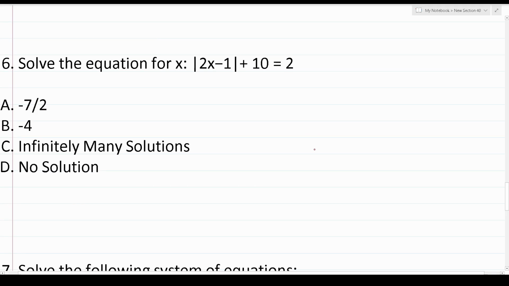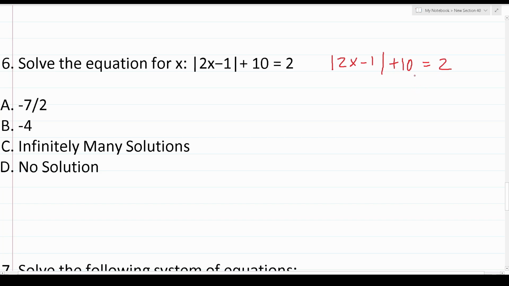All right, number 6 says solve the equation for x. We have the absolute value of 2x minus 1 plus 10 equaling 2. So I'm going to copy this one off to the side to start. Again, we have the absolute value of 2x minus 1 plus 10 equaling 2.